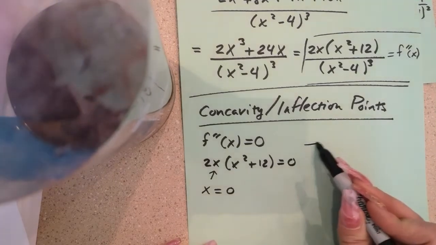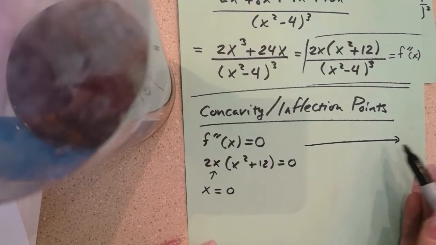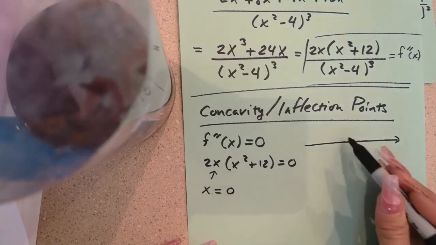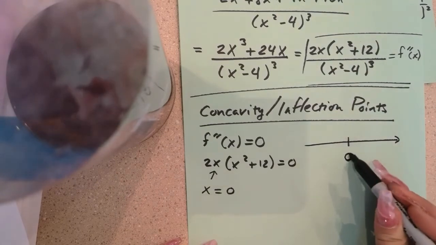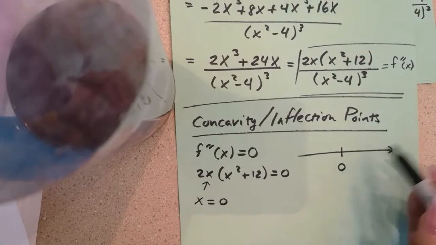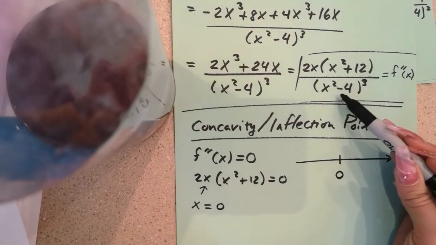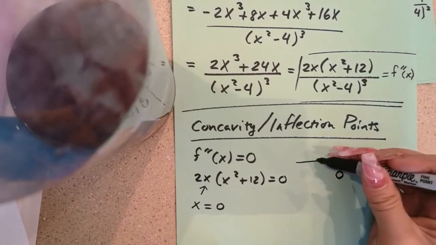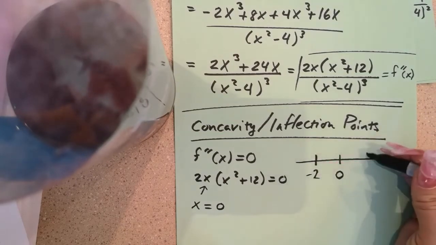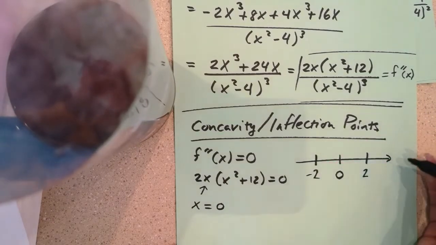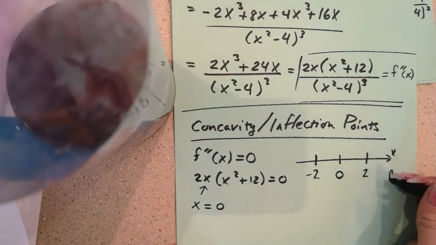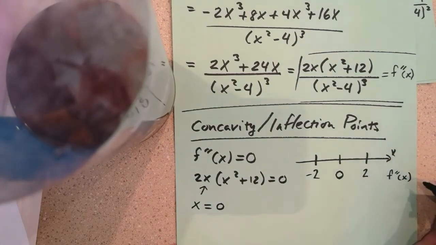So actually, my potential inflection point would be at x equals 0. Now, I have to also consider where this guy is undefined. So again, this guy is undefined at those vertical asymptotes, -2 and 2. So remember, here I'm looking at the second derivative.